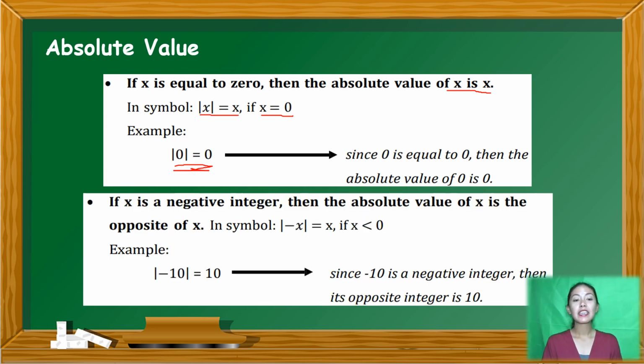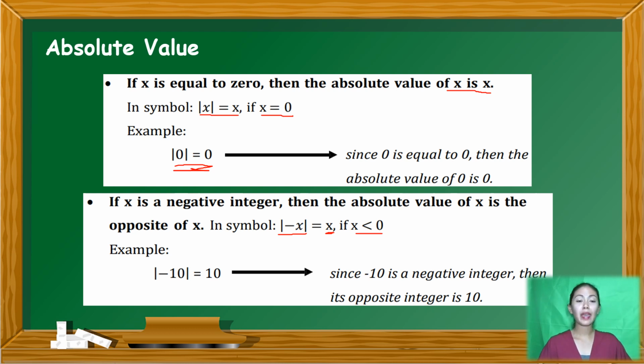Next, if x is a negative integer, then the absolute value of x is the opposite of x. Since x here is negative, the opposite of negative x is positive x, and this is the absolute value. If x is less than 0, the values of x are all negative.